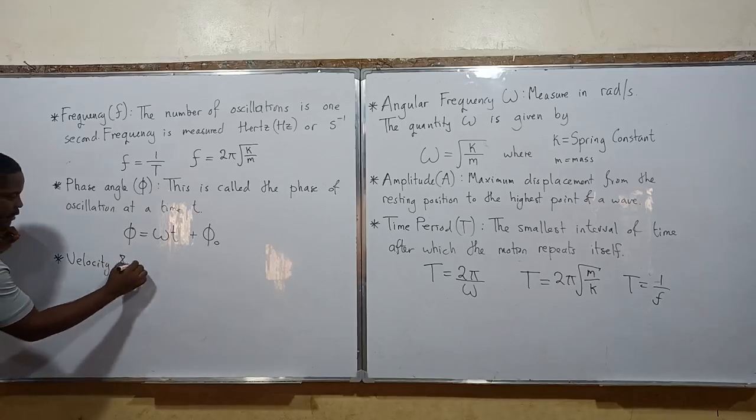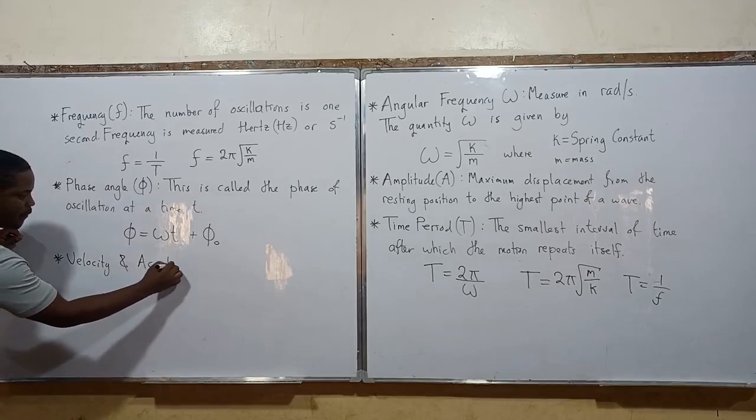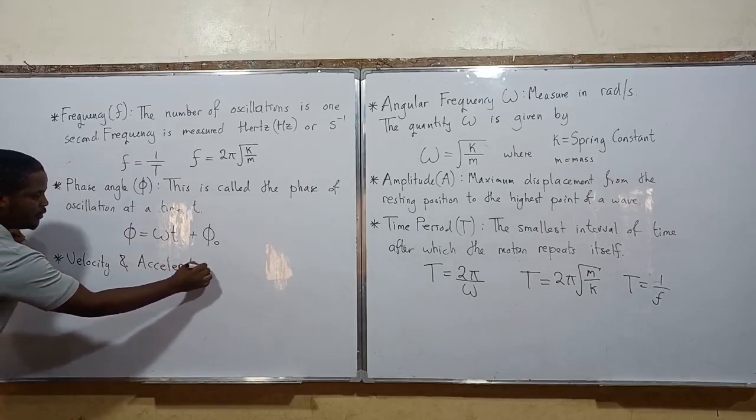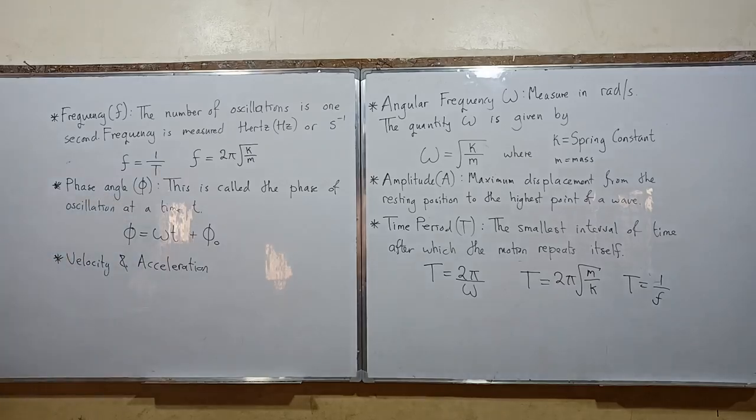So let's talk about velocity and acceleration. So we just give two formulas for velocity and acceleration. Maximum velocity and maximum acceleration. These things are not complicated. I'll present to you how you're supposed to write it.